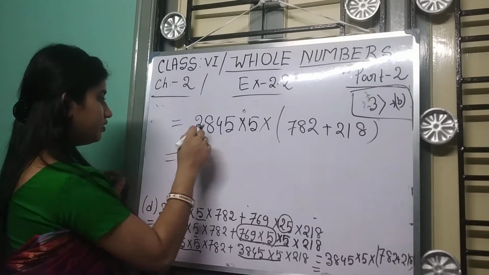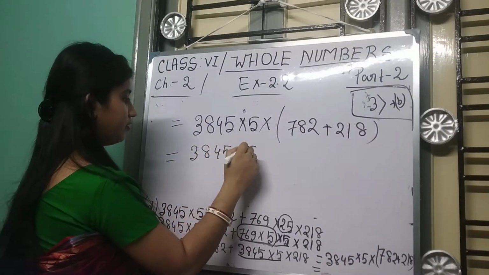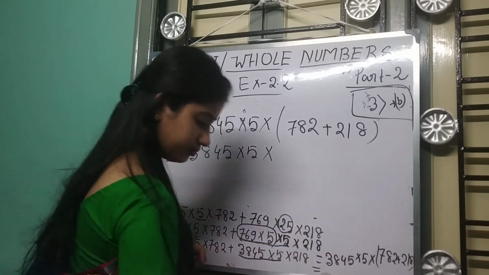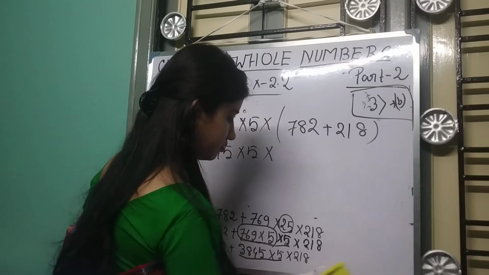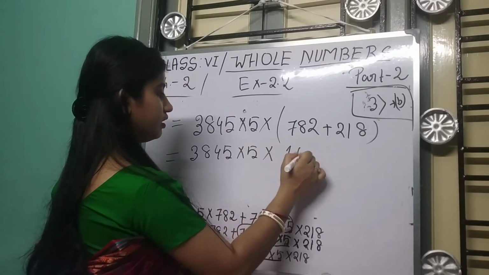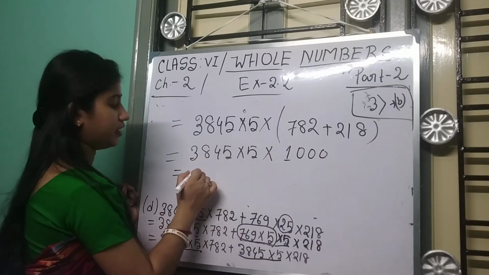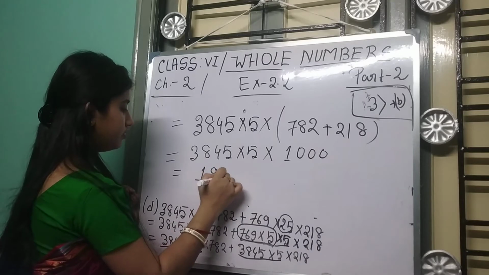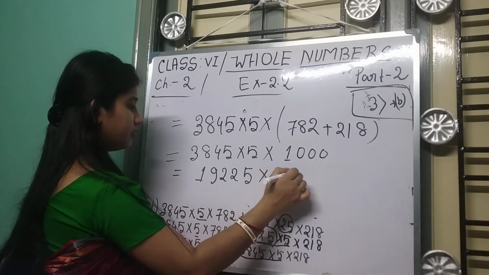Now on the next line we get 3,845 into 5 into 1000, since 782 plus 218 is 1000. If you multiply 3,845 by 5, you get 19,225 into 1000.